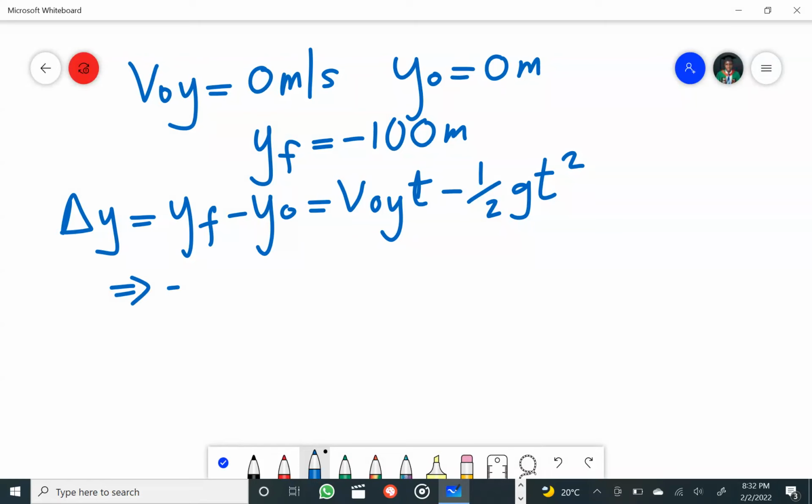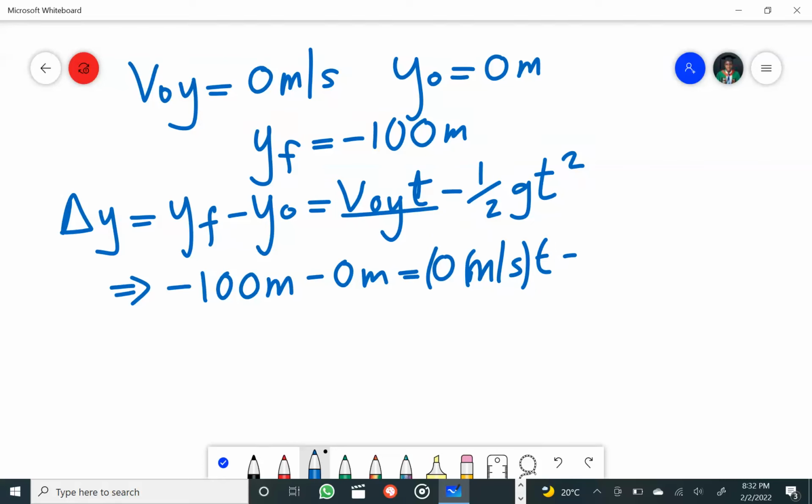So negative 100 meters minus 0 meters. Then this is going to be 0, isn't it? You've seen that's 0 there, right? So that's going to be 0 meters per second times time.